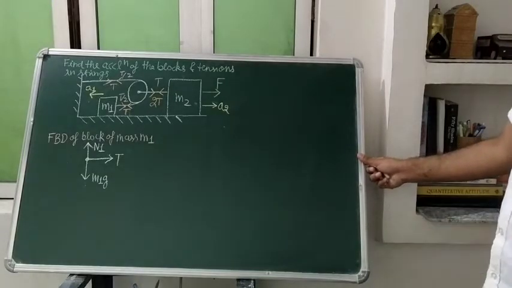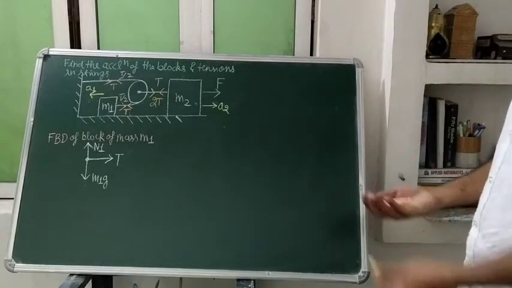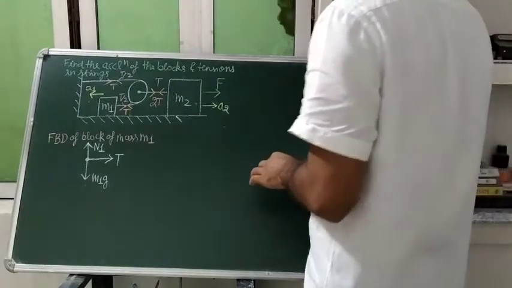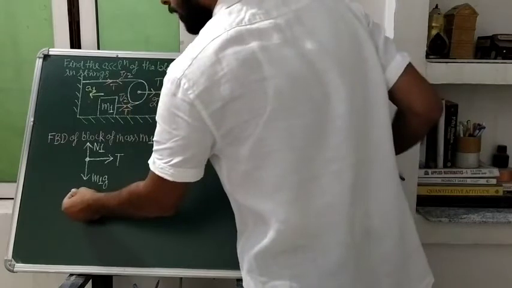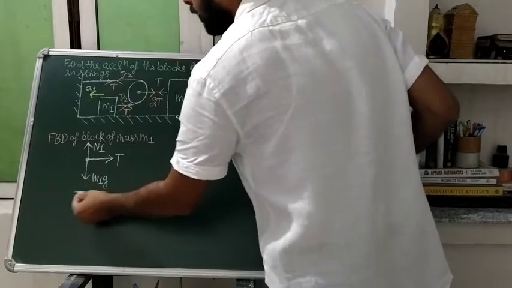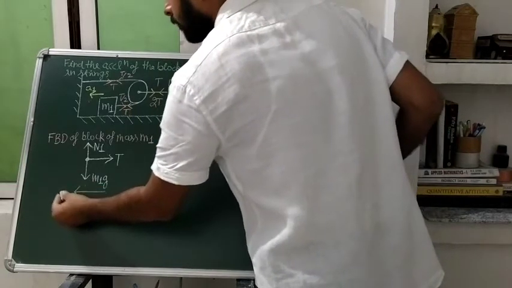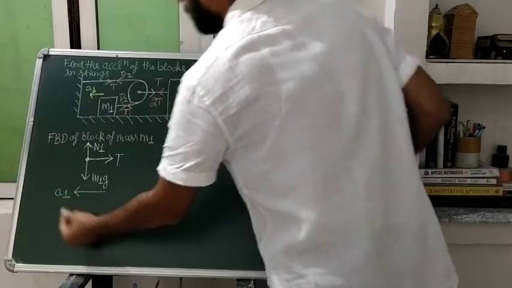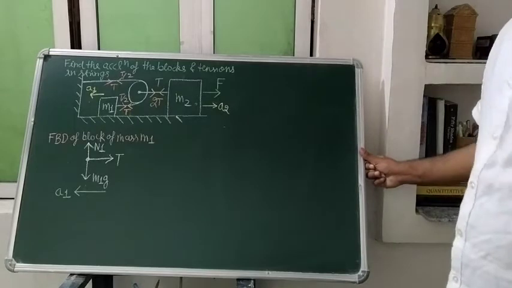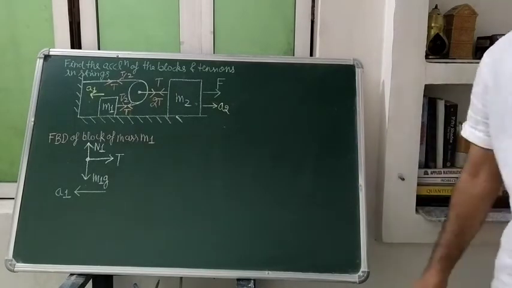We have assumed that block M1 is accelerating in this direction, A1 on this side.